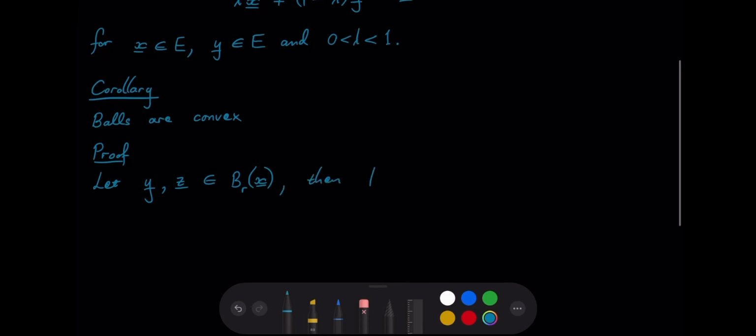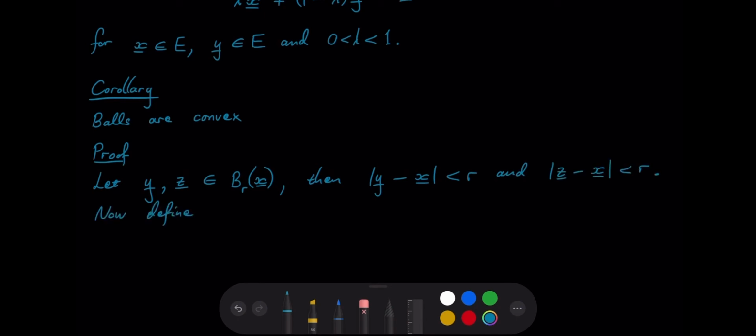Then clearly the norm of y minus x is less than r and the norm of z minus x is less than r. We want to show that this set is indeed convex, that is, that any point along a line joining y and z also lies within our ball itself.